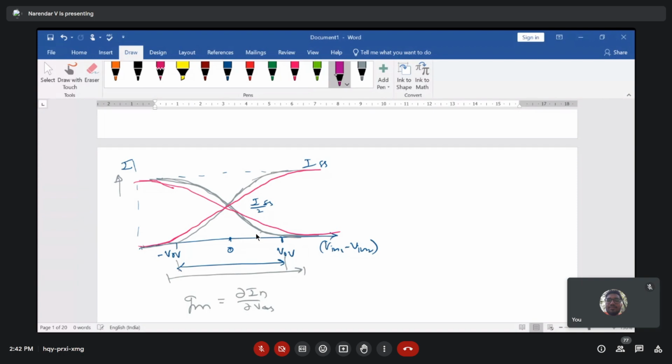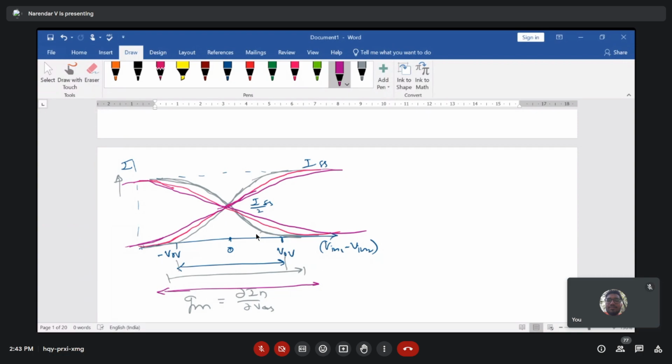Next, if we want to increase further, then it is going to be something like this. Then here it is supposed to go this way and like this. This is supposed to be going this way, something like this.